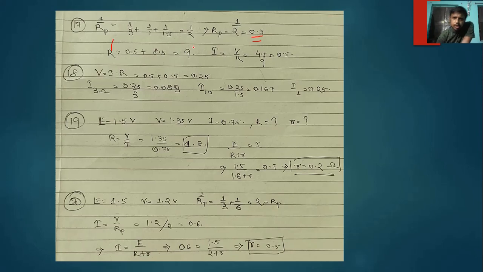After calculation, we will get Rp is equal to 1 by 2, that would be equal to 0.5 ohm. So then we have to calculate that 0.5 is in series with 8.5. So 0.5 plus 8.5, that would equal to 9.